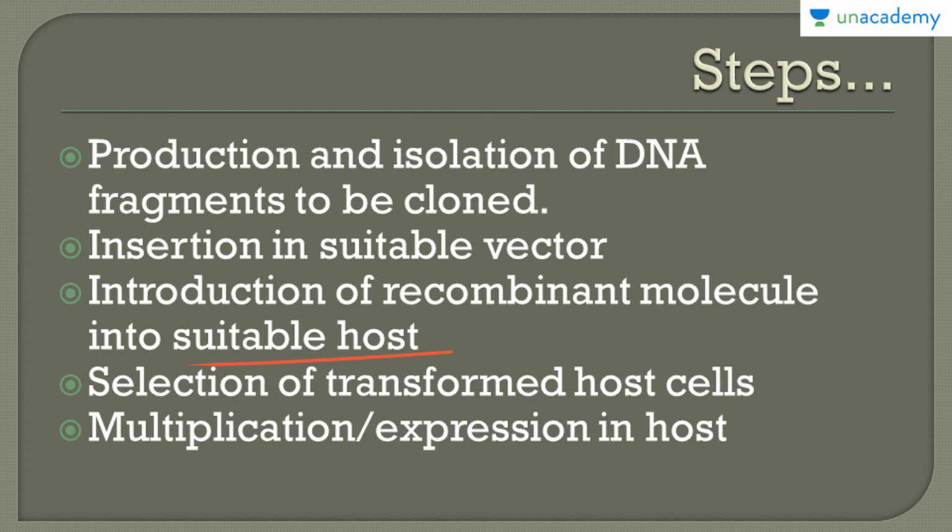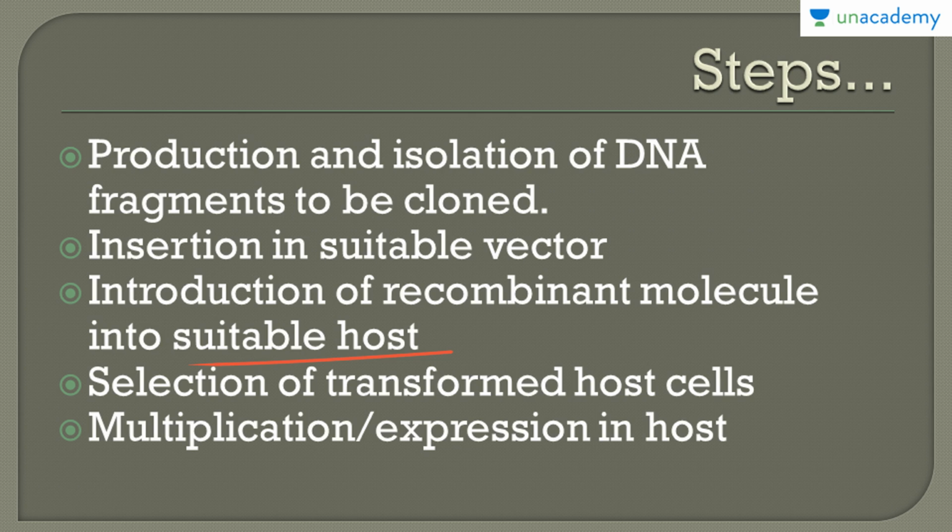Most of the times it is an antibiotic resistance gene, and this whole culture is plated on a medium plate which has antibiotic, and all the non-transformed cells remain susceptible to the antibiotic and they die, while the transformed cells, because of having the recombinant vector molecule, grow in the presence of antibiotic, because this vector has an antibiotic resistance gene within it.